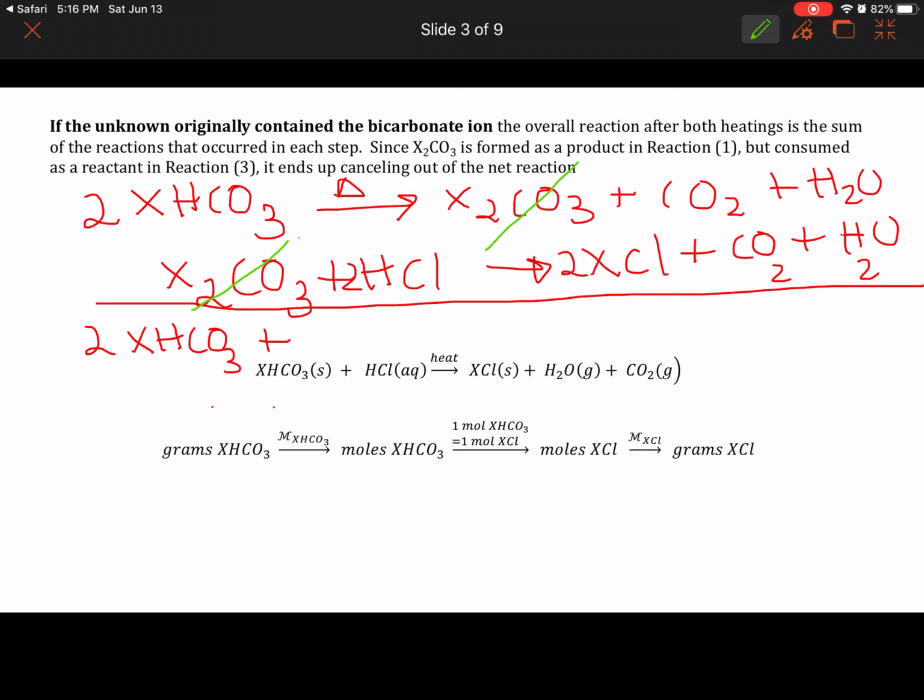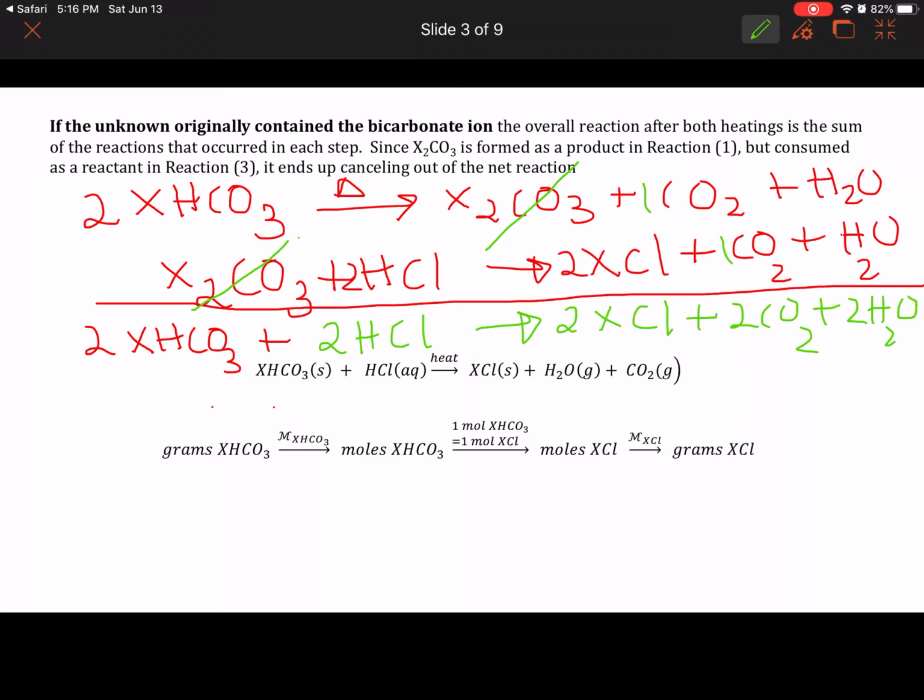Okay, and then on the reactant side we also have 2 HCl, and on the product side we have 2 metal chloride plus 2 carbon dioxide plus 2 water molecules.